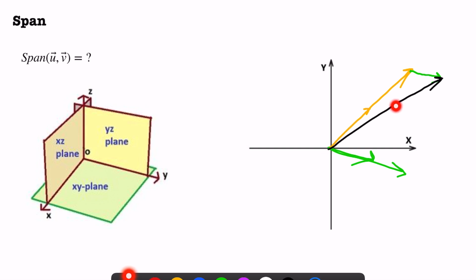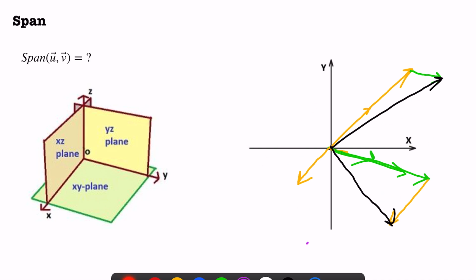So this is one linear combination of these two vectors. Let's take one more linear combination. We are just flipping the first vector, and let's take the scaled version of the second vector and let's add these two, then we get this vector, right? In this way we can scale the two vectors with arbitrary scalars and we'll get all the points in this xy plane.